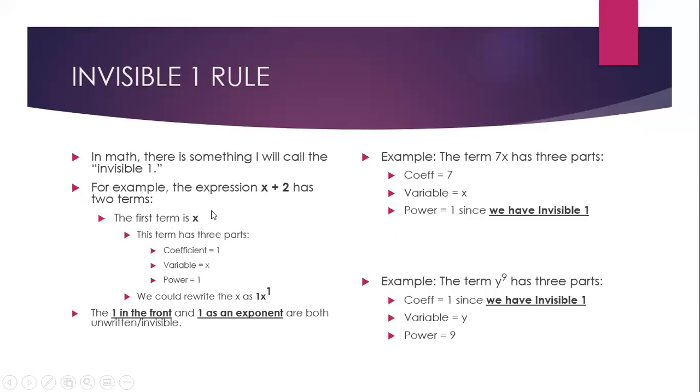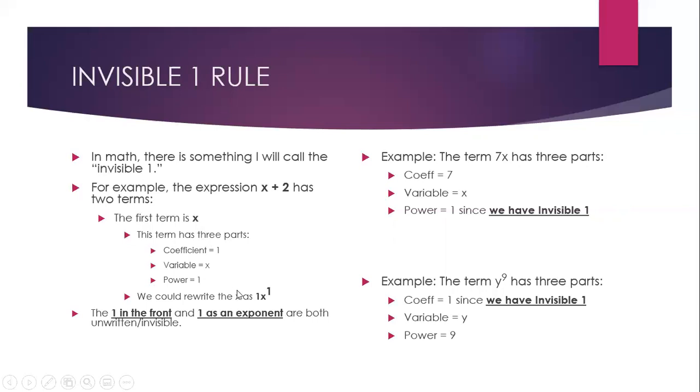The first term looks like it only has one thing going on, but it's got three things going on, just like most terms. The three things it has going on are a coefficient, a variable, and a power. But you say, well, where are the coefficient, variable, and power?